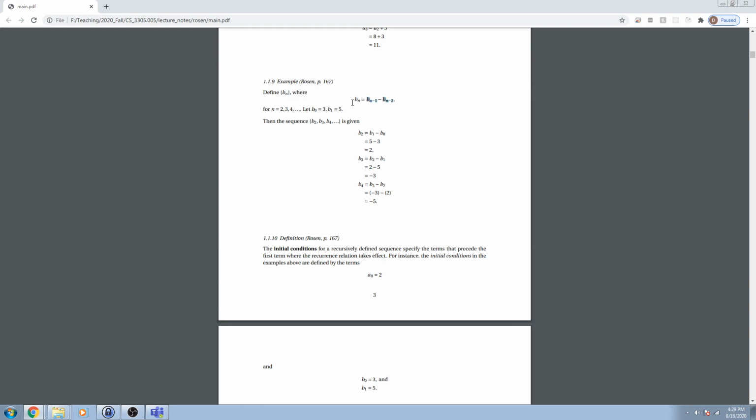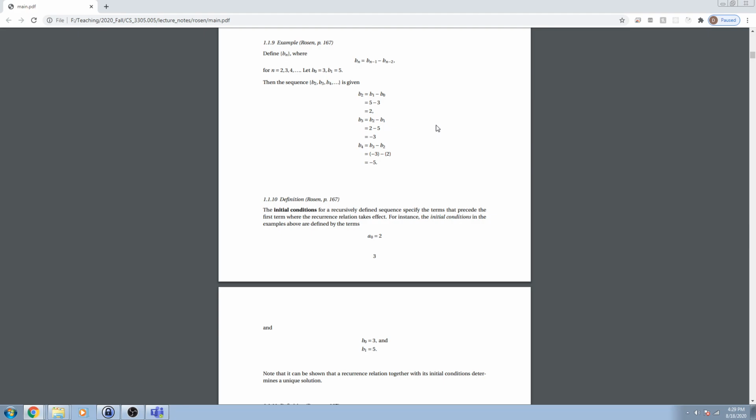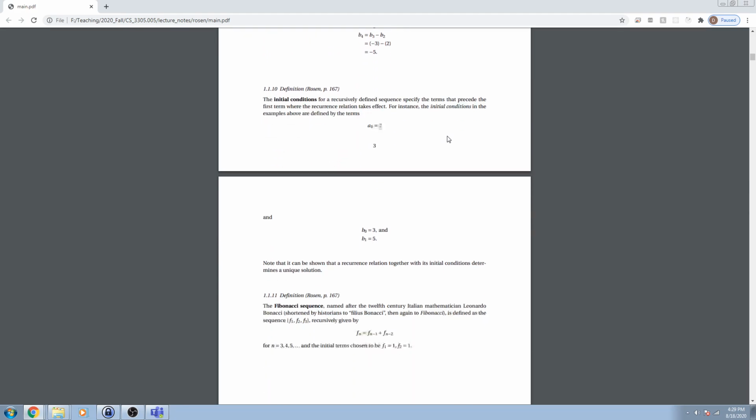For example, if Bn was equal to B2 plus the n minus 7th term, well, we're only using one previous term in the computation, but it reaches back 7 terms. So you would actually need 7 initial conditions in that case in order for it to be well defined.